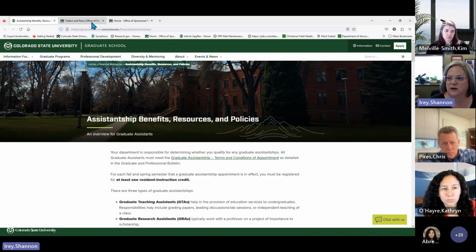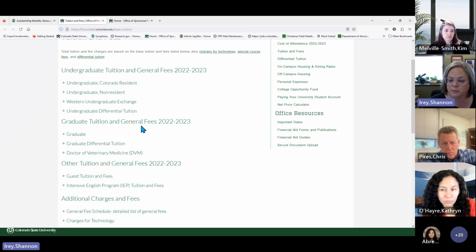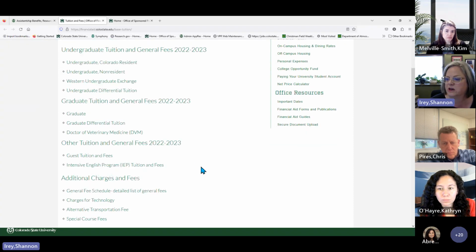So the next place I'm going to go is our financial aid. Financial aid is where we have our current tuition rates for undergraduate, but again, these aren't going on our sponsored projects, so it's not something we need to look at. But it does have our graduate student tuition rates for graduate, for the differential tuition, and also for vet med.